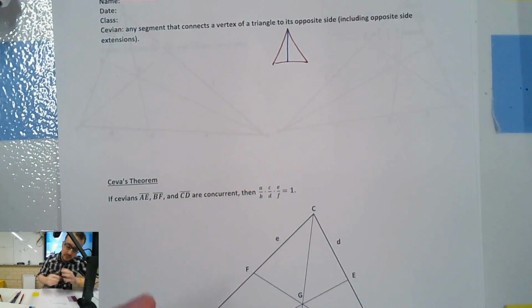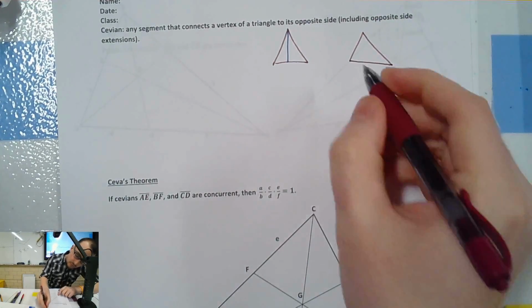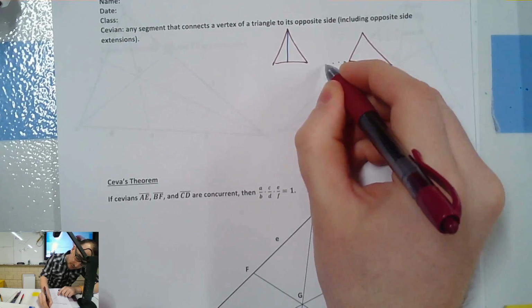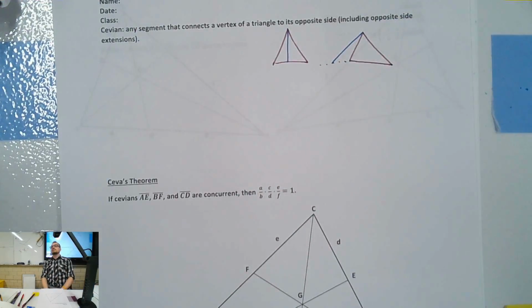This would also be a Cevian. I'm going to extend this side out. That would also be a Cevian. So Cevians can go outside the triangle. It's anything that goes from a vertex and connects with the opposite side.